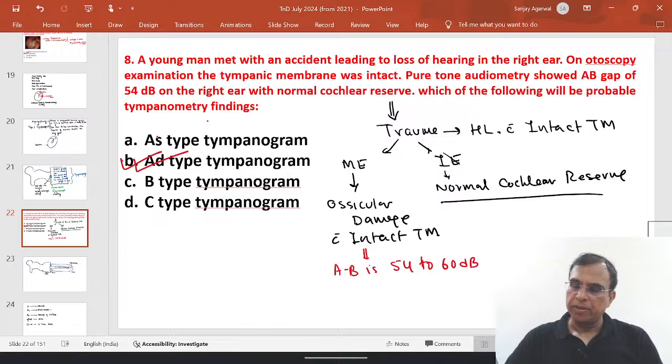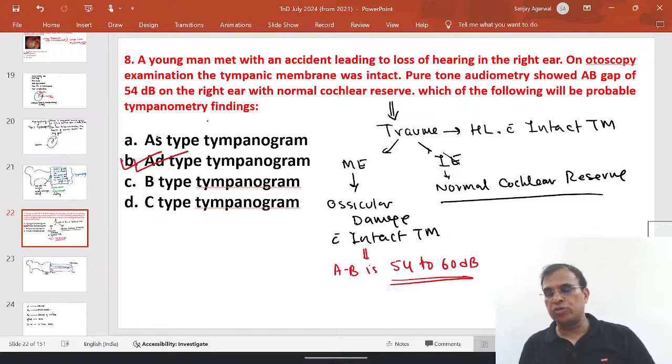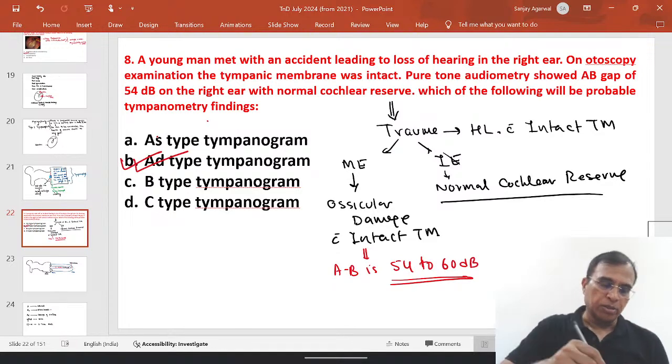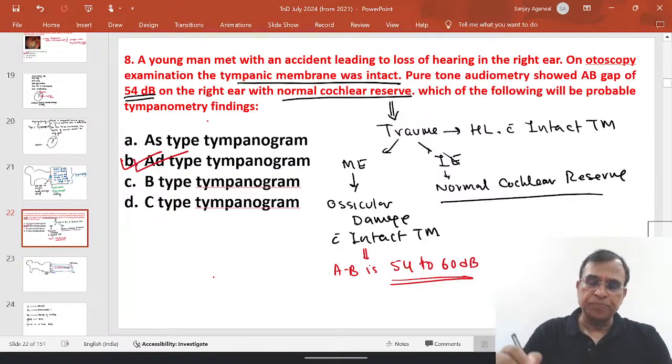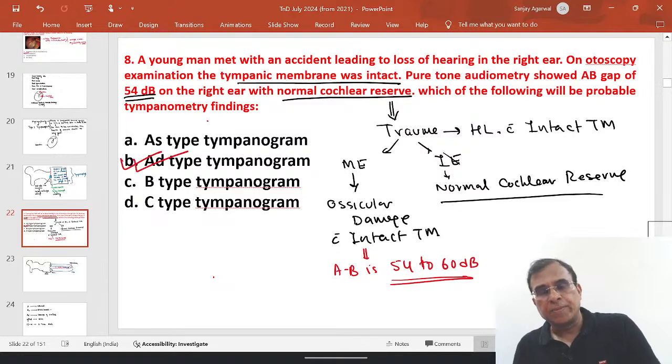So if you have a gap of 54 to 60, then again this is diagnostic of ossicular chain damage with intact tympanic membrane. So in this question, it is telling you there is an A-B gap, cochlear reserve is normal, and the tympanic membrane is intact. So these three things are telling us it is ossicular chain damage with an intact membrane.